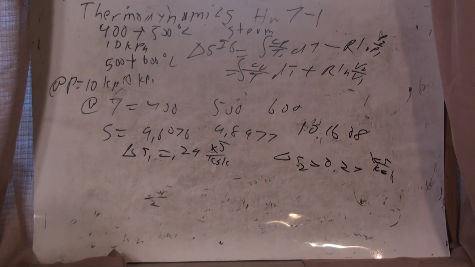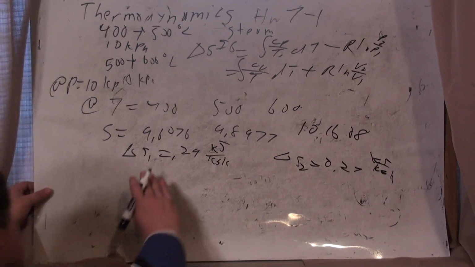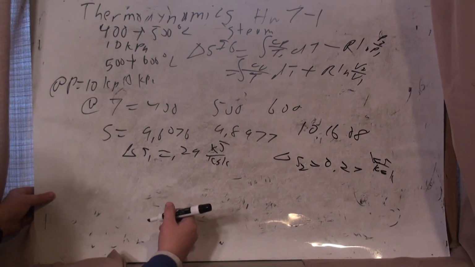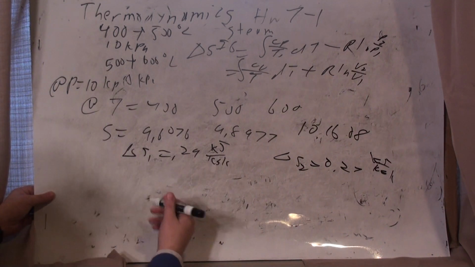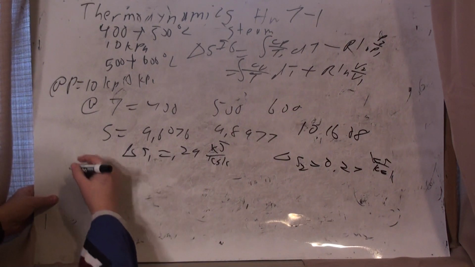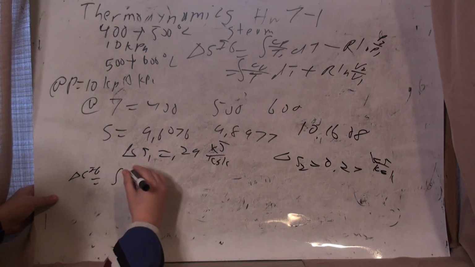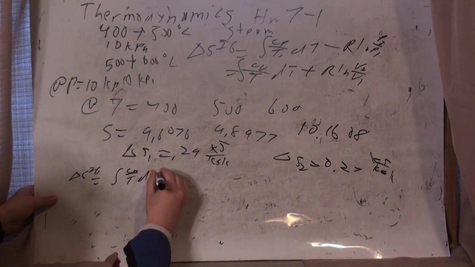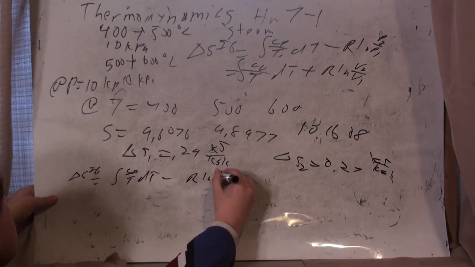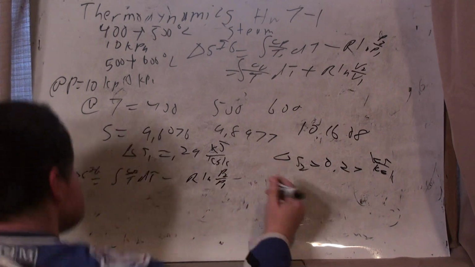Now the first case says, okay, assume heat capacity's constant. Okay? And so when I do that, I'm going to have delta S of an ideal gas is equal to the integral of Cp over T dT minus R natural log of P2 over P1.